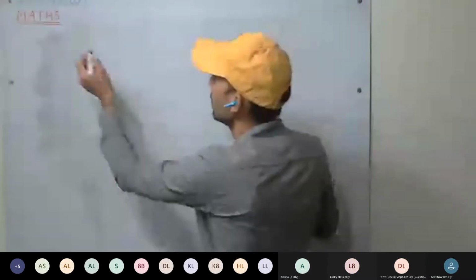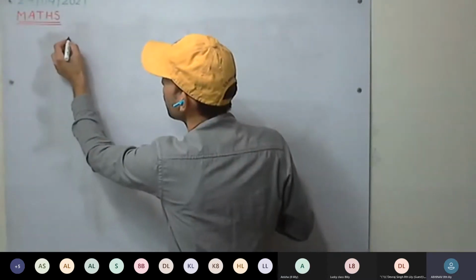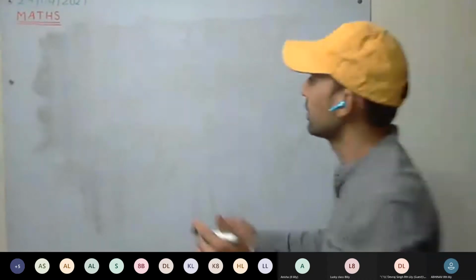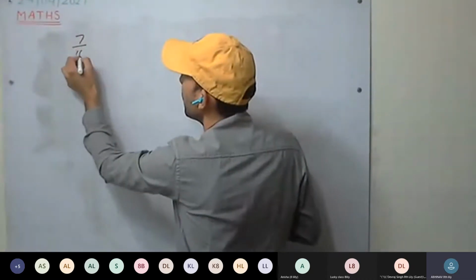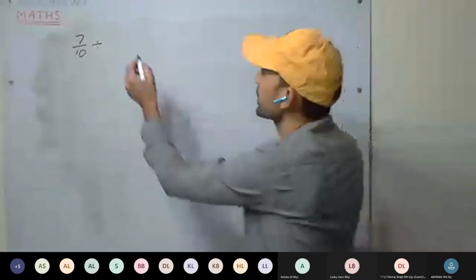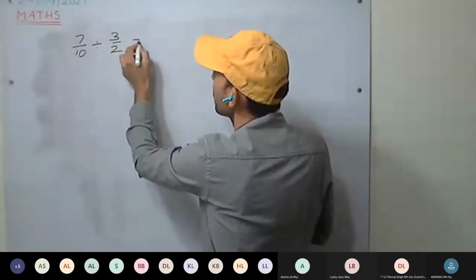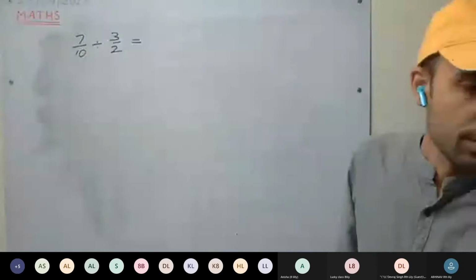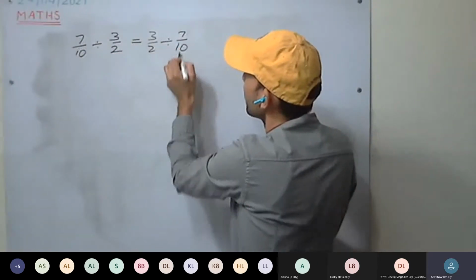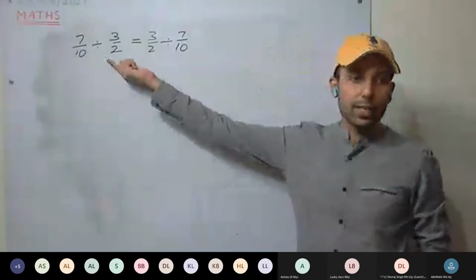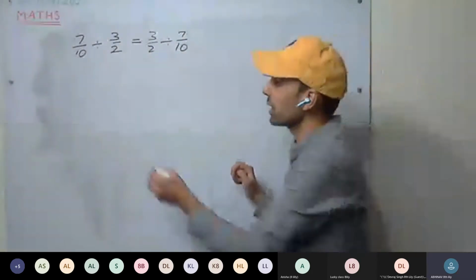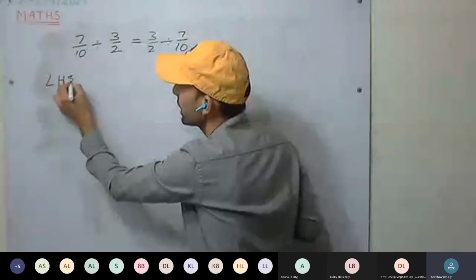Whether it's true or false, the question is 7 upon 10 divided by 3 upon 2, and 3 upon 2 divided by 7 upon 10. We have to check whether it's true or false. Take the left hand side.